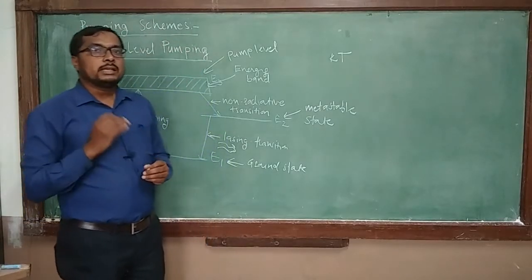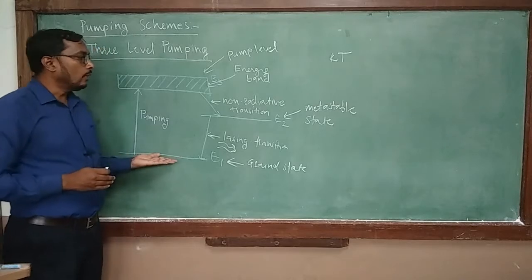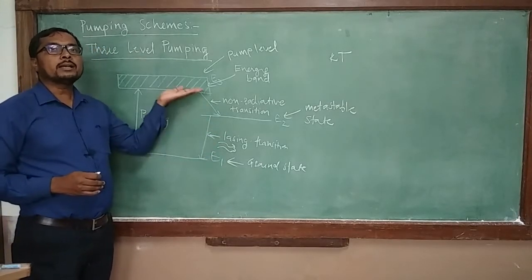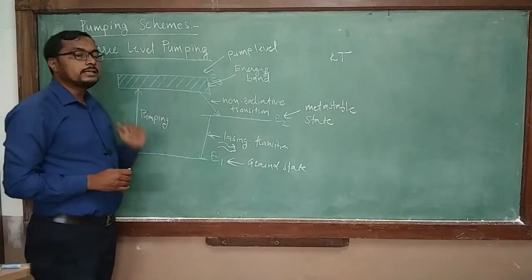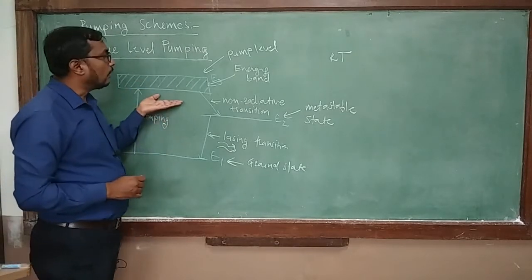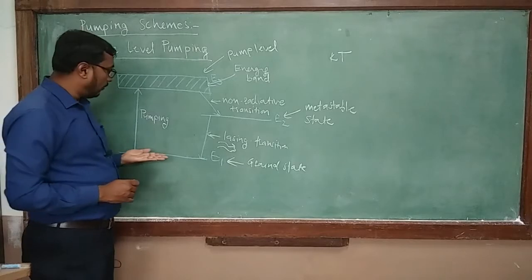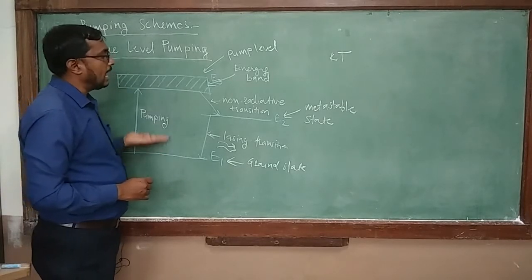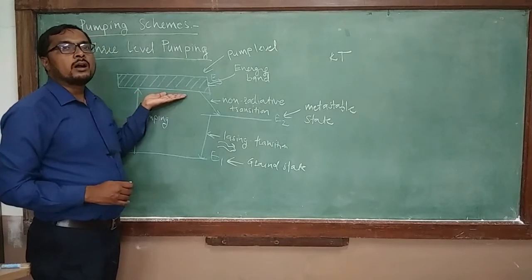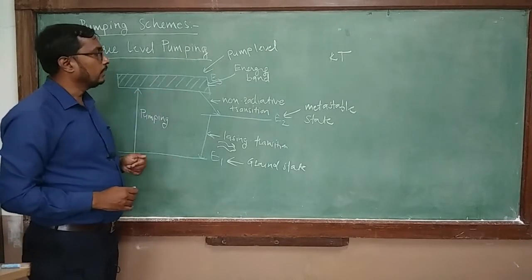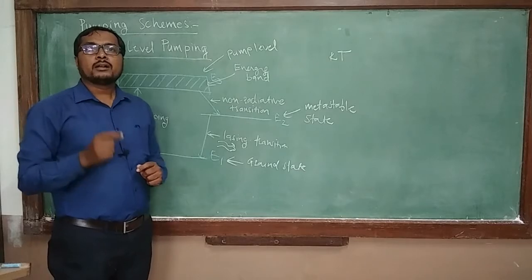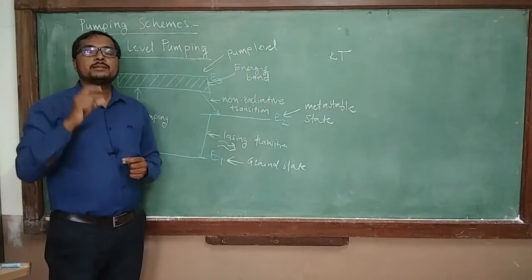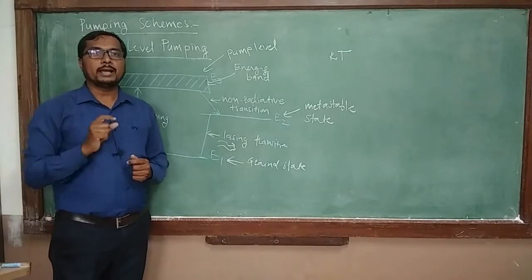So, in the case of the 3-level pumping scheme, what we have are 3 energy levels E1, E2 and E3. The upper energy level E3 is called the pumping level. From the lower level E1, we pump the atoms to the upper energy level E3, right? Instead of a single narrow line, the pumping level must be an energy band or band of energies.